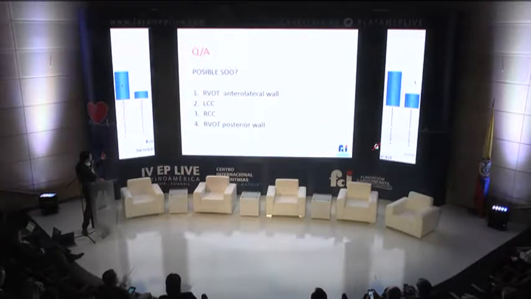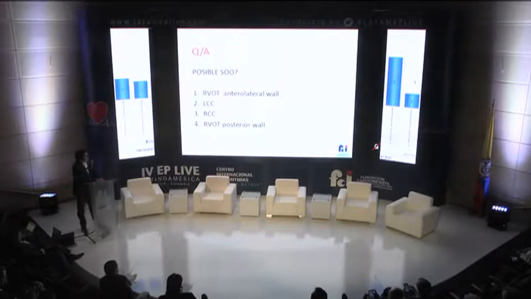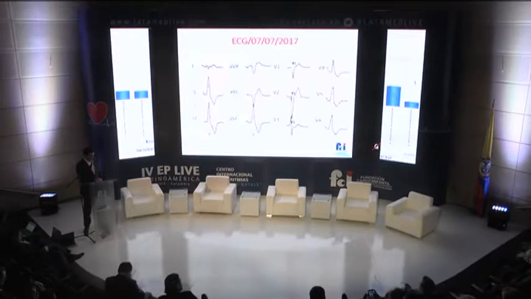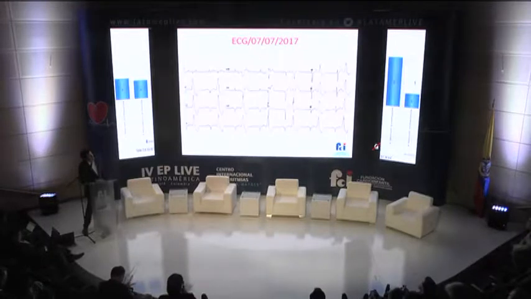Okay, so based on the morphology we just saw, most of you suggest that the extrasystole comes from the right coronary cusp, and the rest of you are distributed among the other options. Luis, could you please go back? Can you go back to the extrasystole?